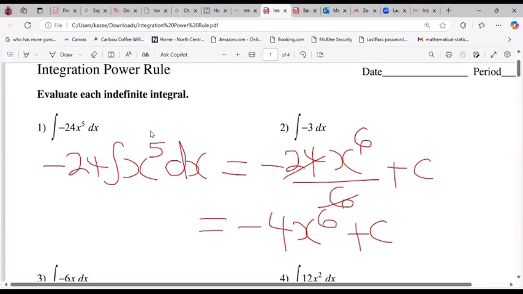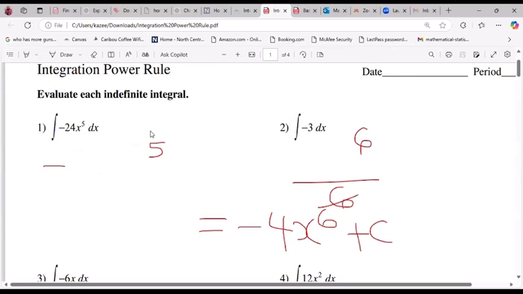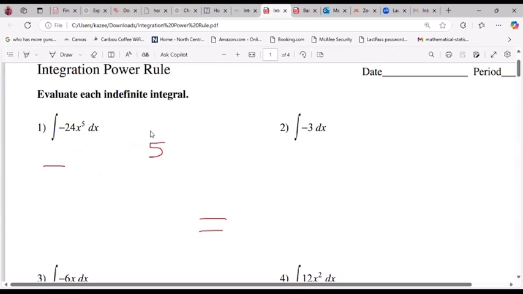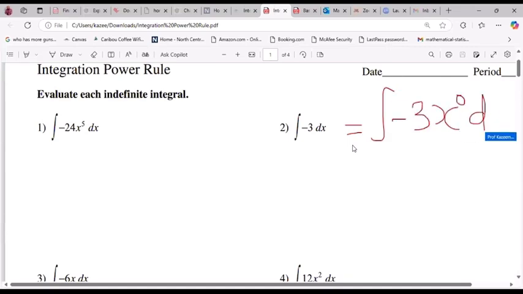Now I'll worry about the situation where I want to integrate a constant. If you take a look at this problem right now, this is independent of x. So what I'm going to do is rewrite this as negative 3 x raised to power 0 dx, because x raised to power 0 is actually 1, and 1 times negative 3 is negative 3.